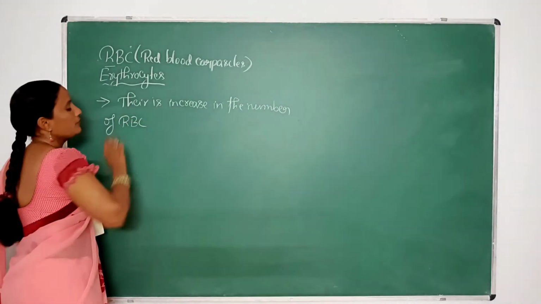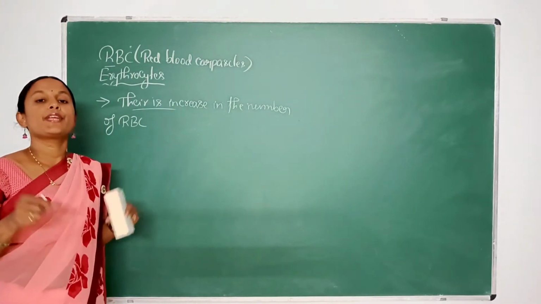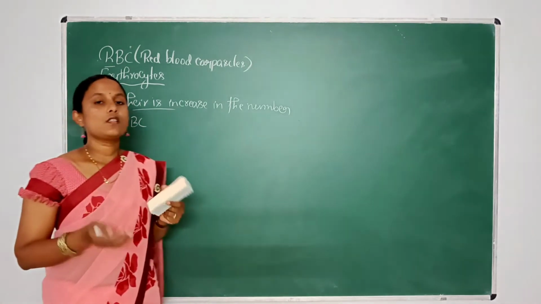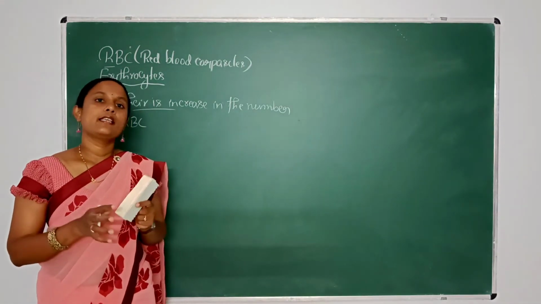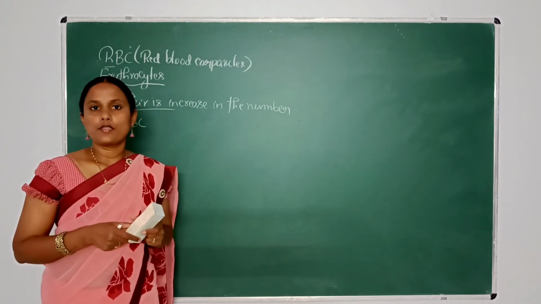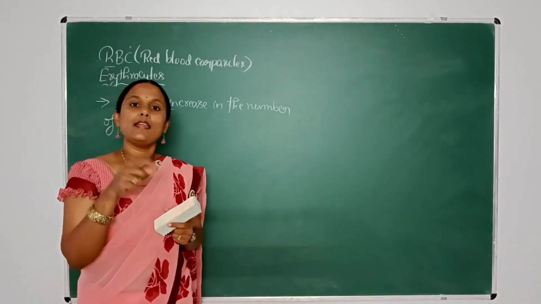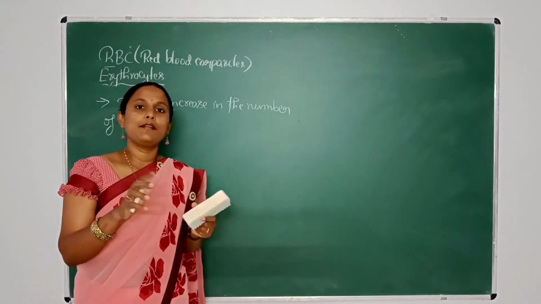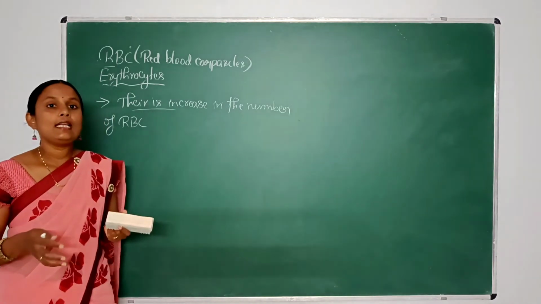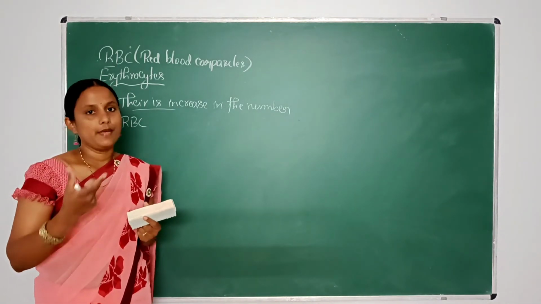The number of RBCs will increase during exercise because there is a heavy burning of nutrients in the presence of oxygen. For that, the cells need more oxygen, which should be supplied by the RBCs. So our body will start producing more RBCs.